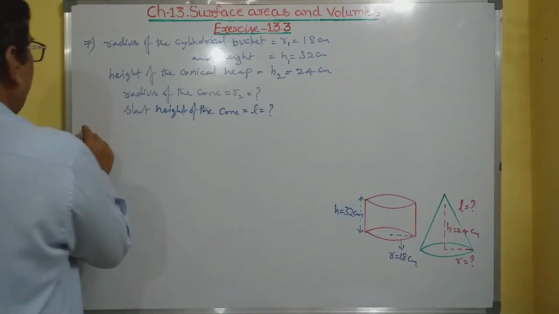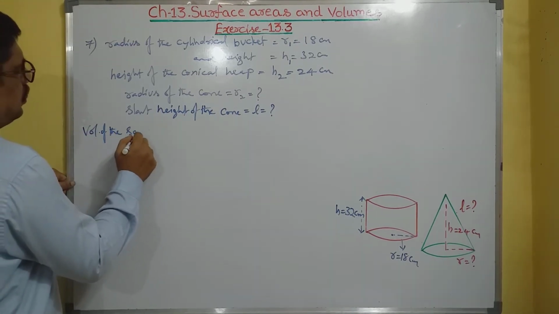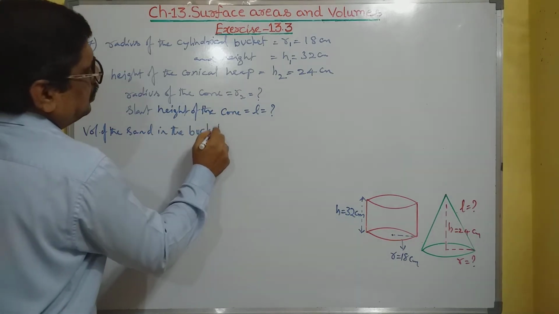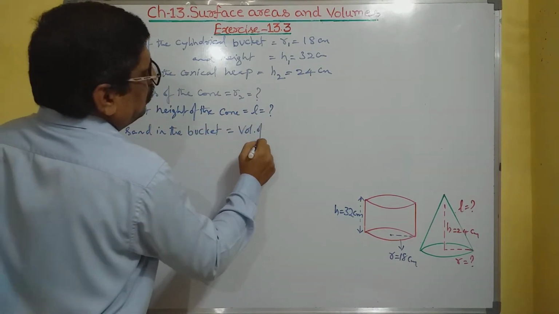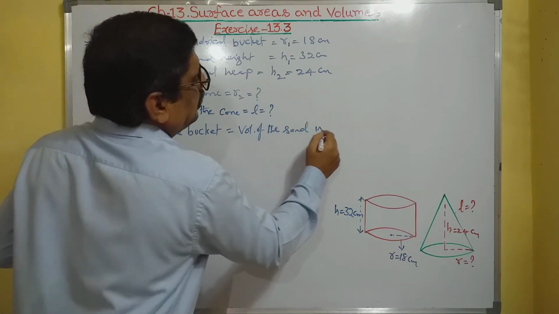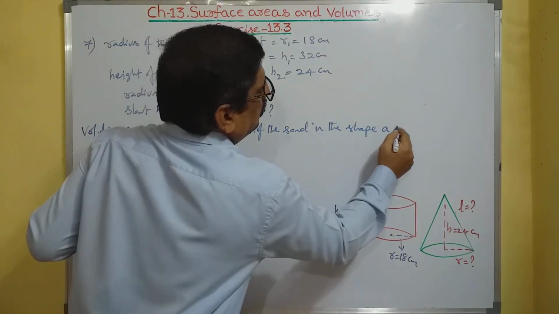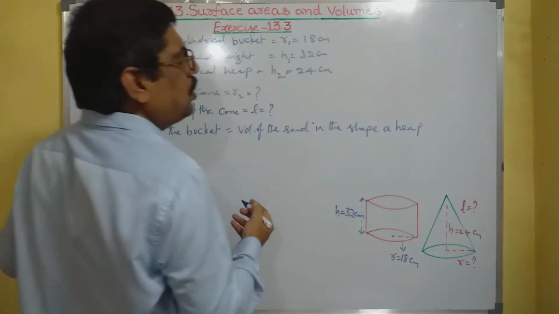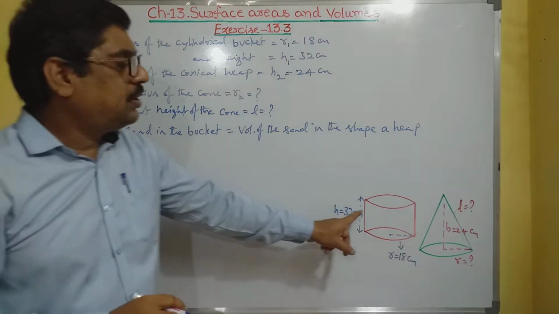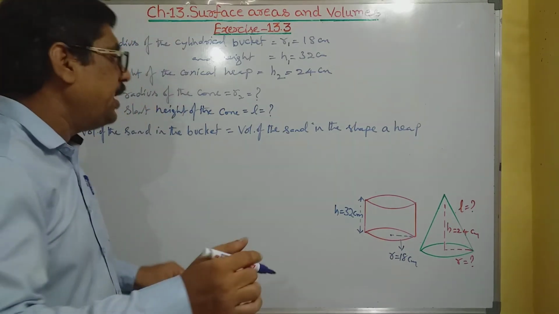Now the volume of the sand in the bucket is equal to volume of the sand in the shape of a heap, conical heap. Now volume of sand in the bucket is nothing but the volume of the bucket, which is in the shape of a cylinder.